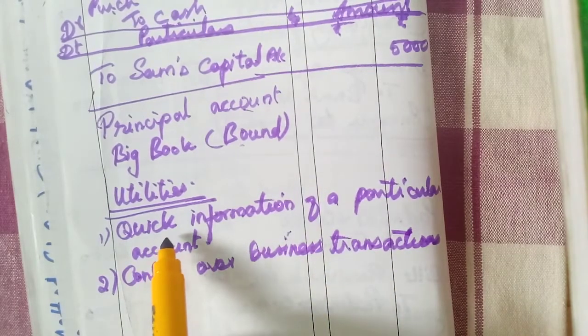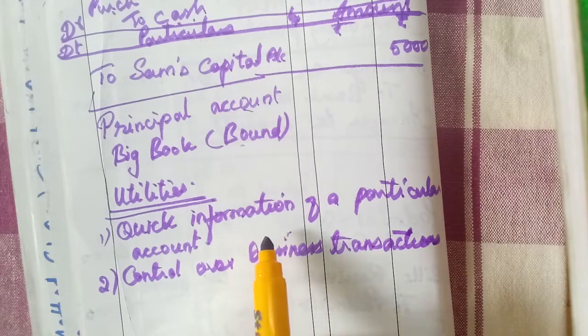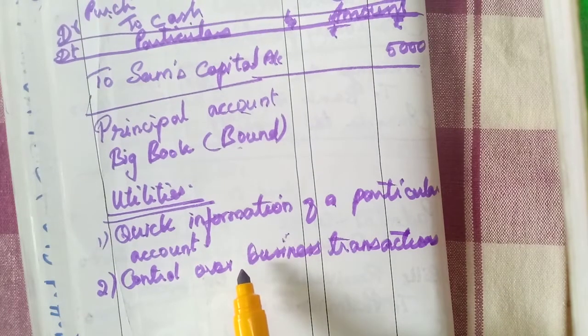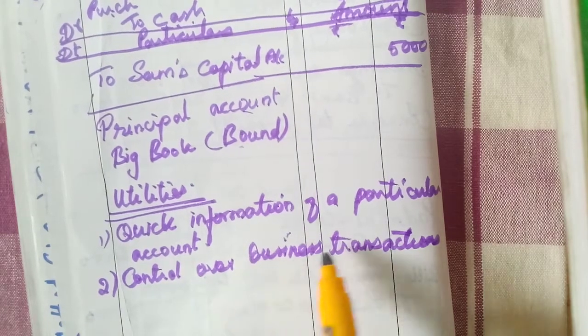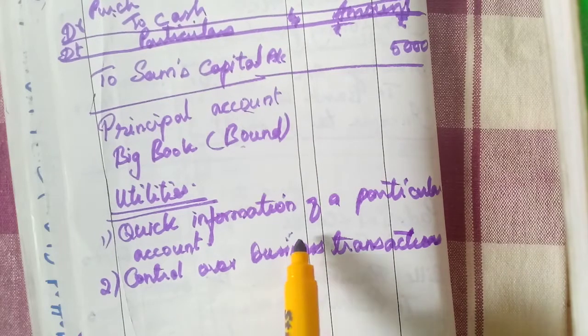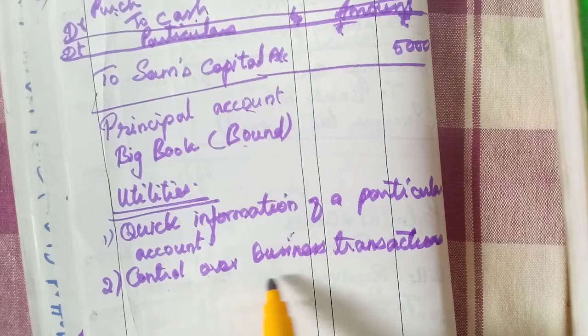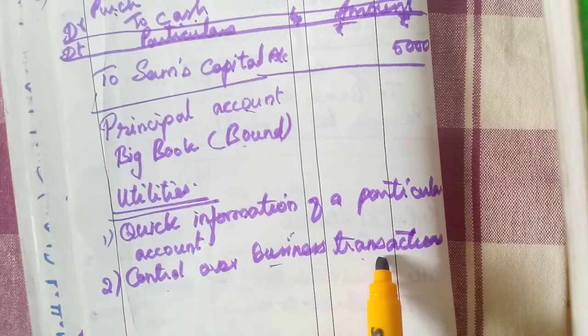So they get the information regarding how much cash balance they have, how much they have received, how much amount we need to collect from the debtors, or how much amount we need to pay to our creditors or suppliers. So the management or the owners can have control over the business transactions.